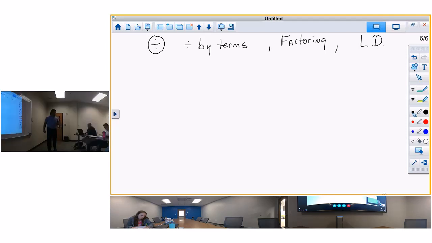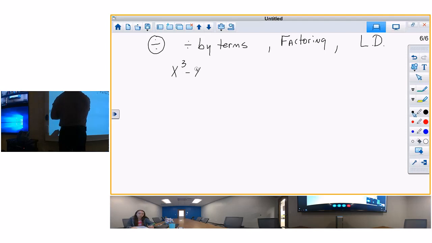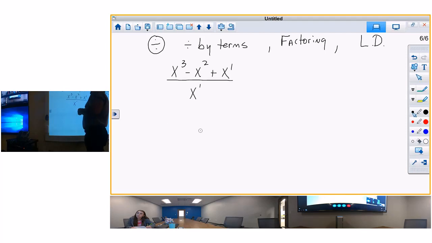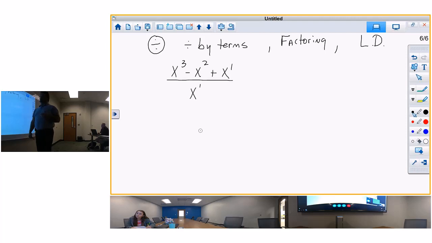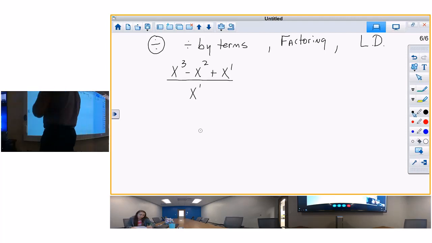Now, dividing by terms, what's that? Well, that's the easiest one. X to the third minus x squared plus x divided by x. Now, what's the answer to that? Well, subtract. Use the quotient rule. When you divide, you subtract what?